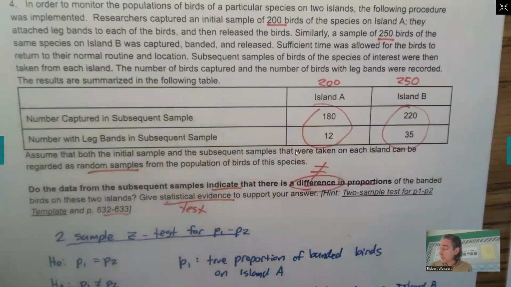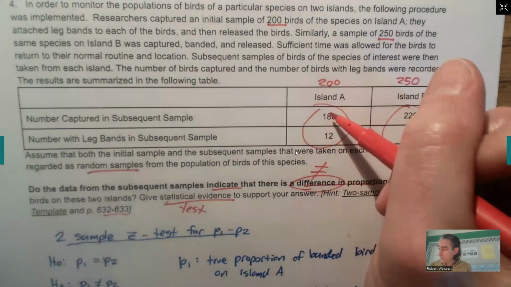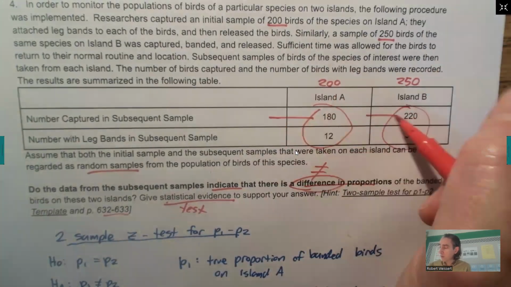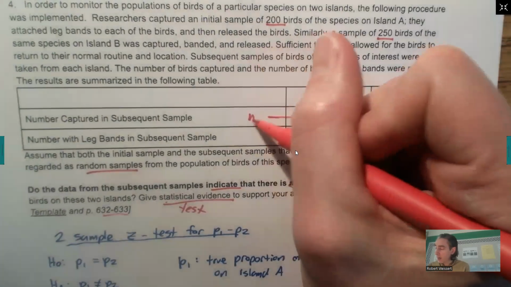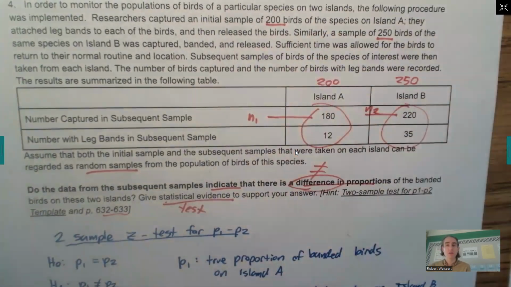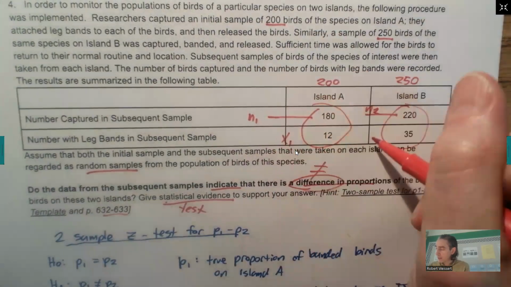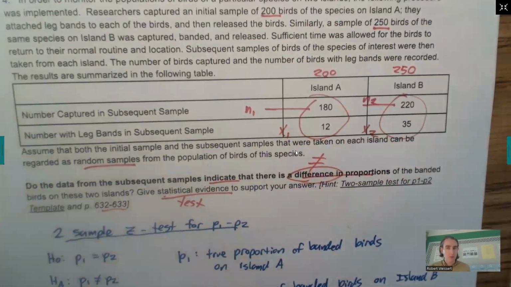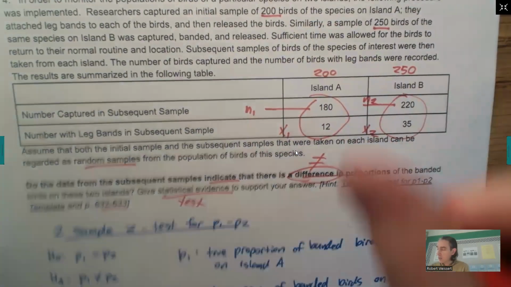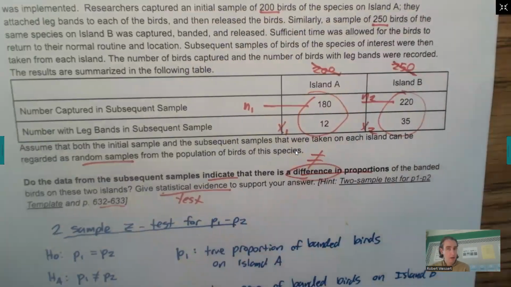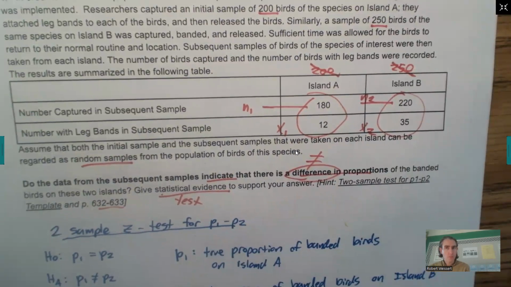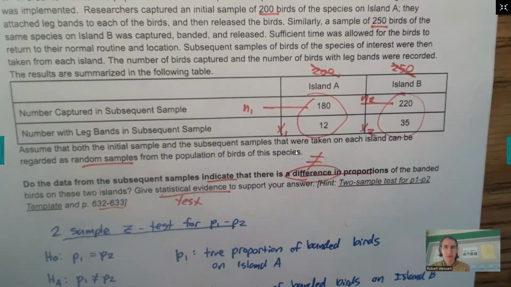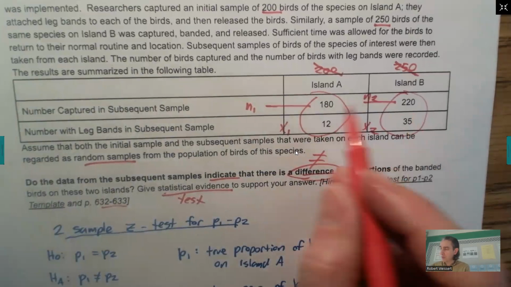So if you look at just these 2 numbers, the number captured for both of these is what our sample is going to be. This would be like n1 and this would be like n2. So just be careful. This would be your x1 and x2, if you're looking at calculator speak. So we're not going to use those 2 numbers because they didn't all come back. We're just missing a few left over.